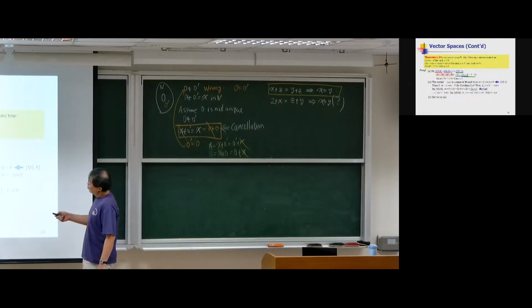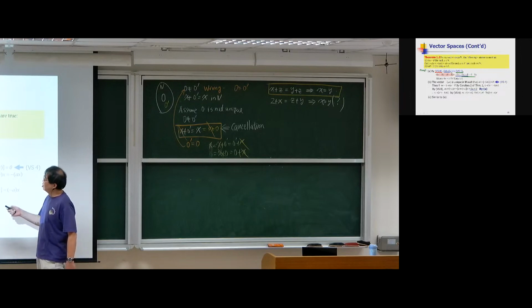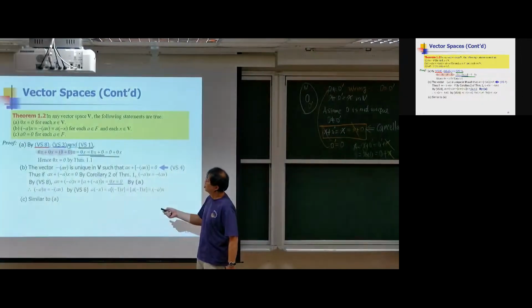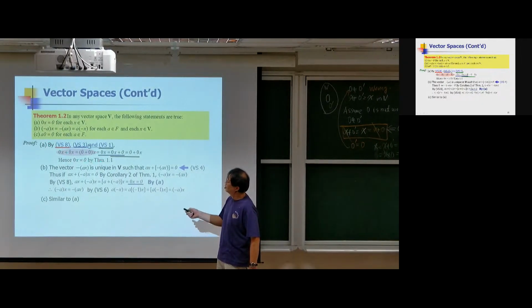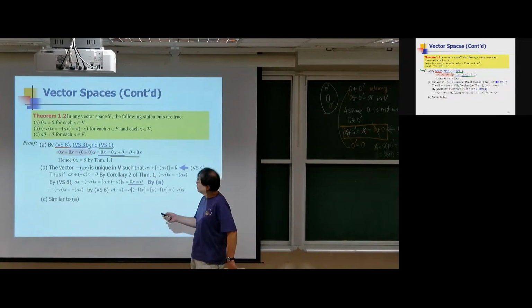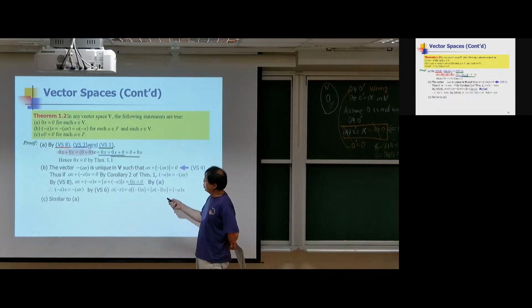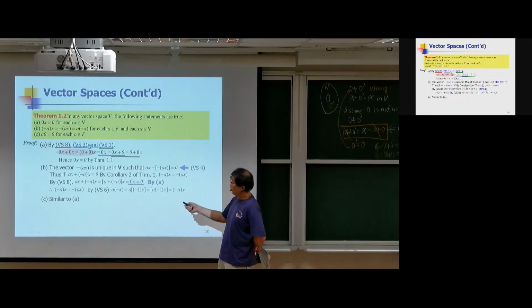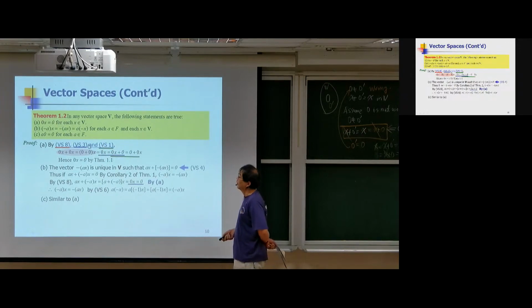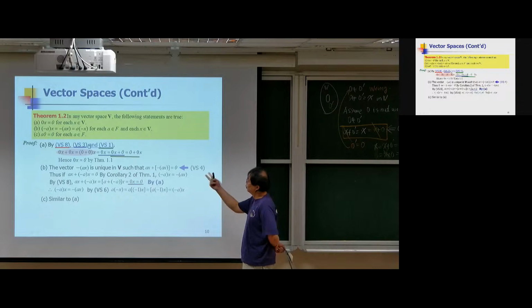So 0x plus 0x equals (0 plus 0) times x. So this is VS8. Okay, and then 0 plus 0x equals 0x. So then we will apply VS3. 0x equals 0x plus 0. And then use VS1 to interchange the order of 0 and 0 plus 0x.